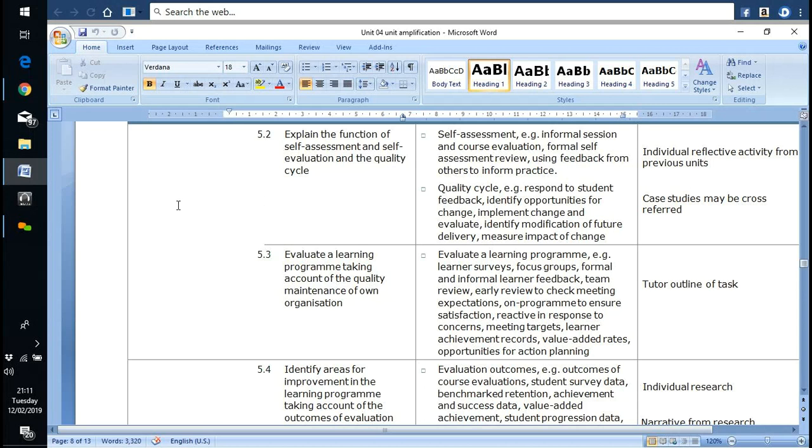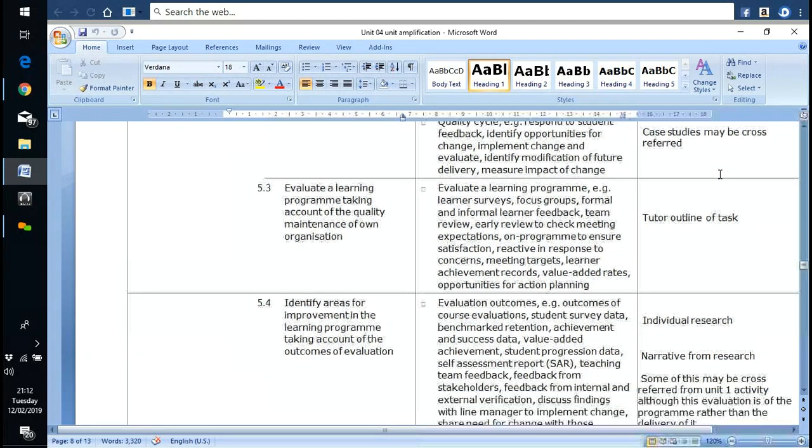Sometimes, and this is where writing stuff down can be awkward, that quality cycle can be going on in your head. Yeah, it's not something that you've documented. So what you can do to explain that is use individual reflective activity that you've done from previous units as your reference and then just talk about it.